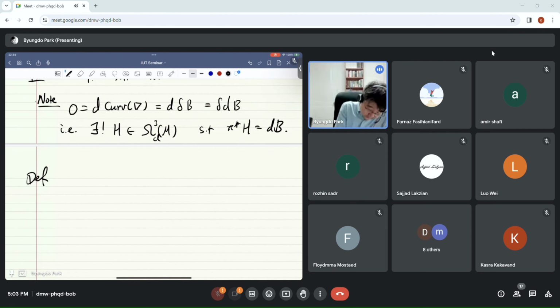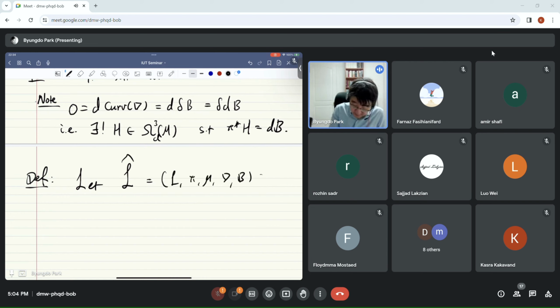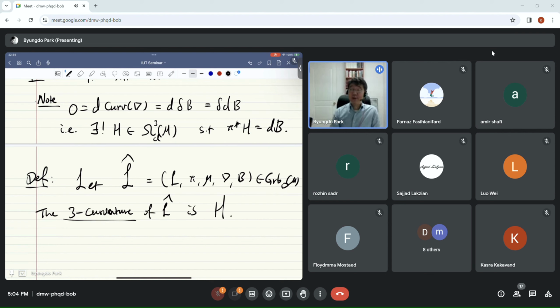So if we let L hat be a gerb with connection on M, the 3-curvature of L hat is H. Sometimes people call it the 3-form flux. In string theory, people also call it H flux.